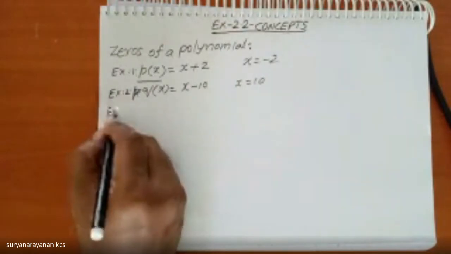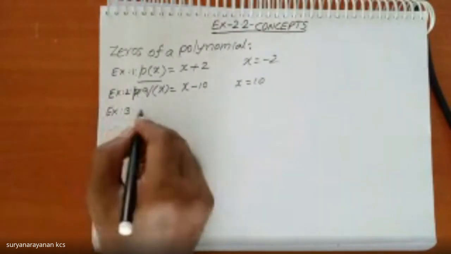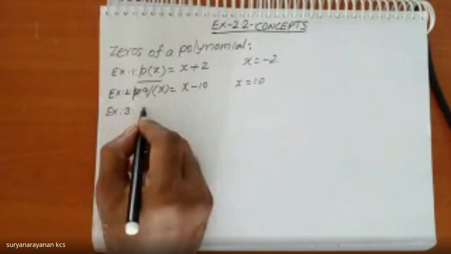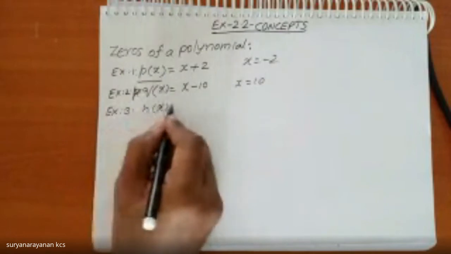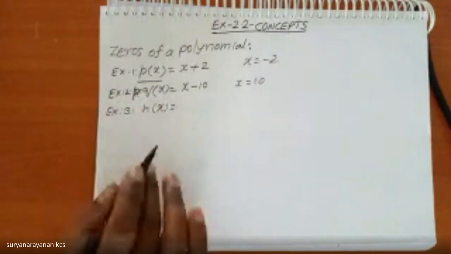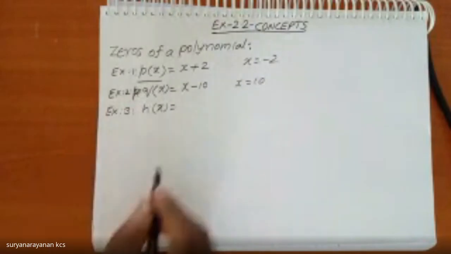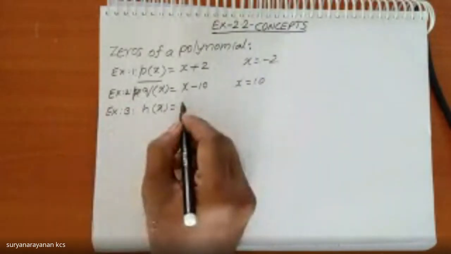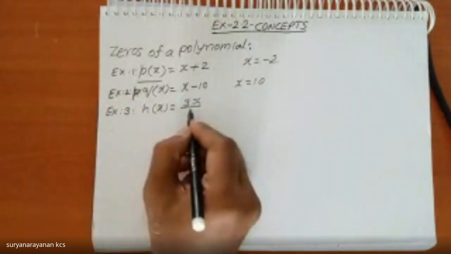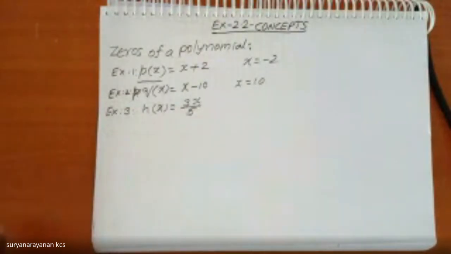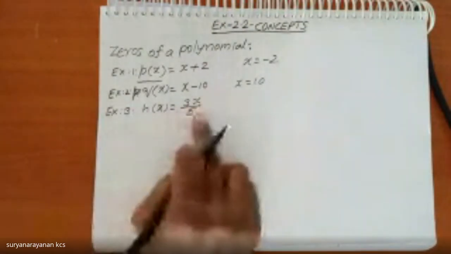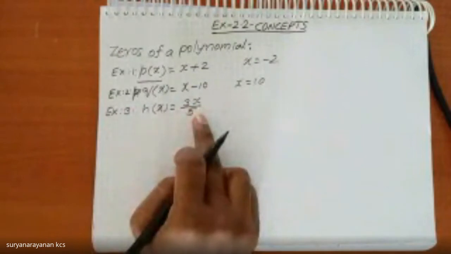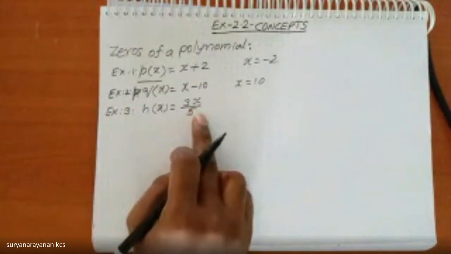Let us take another example. H of x is equal to 3x by 5. This is also a polynomial in x.